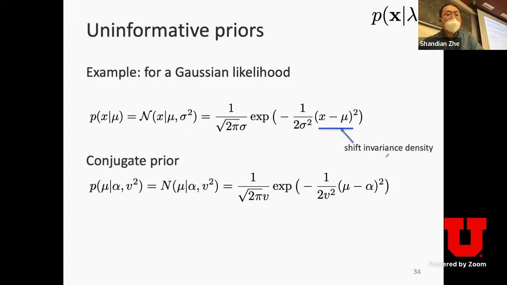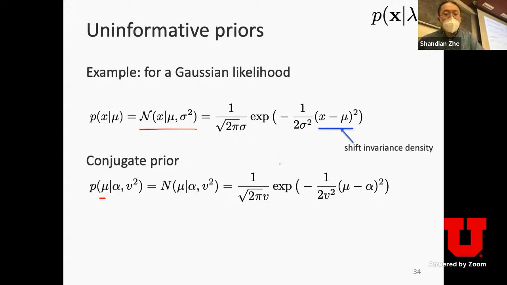If you take a conjugate prior over mu, that is, a prior that should be conjugate to the Gaussian likelihood, it will be another Gaussian distribution. Someone asked if it is possible for the conjugate distribution to have the same form as the likelihood. Yes, in some cases, for example, the Gaussian mean.